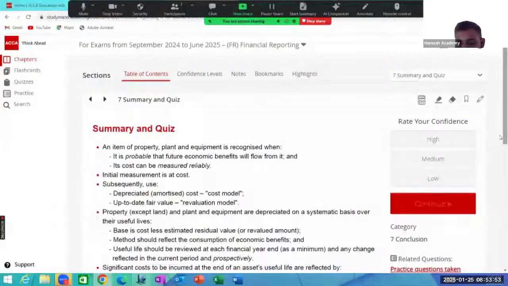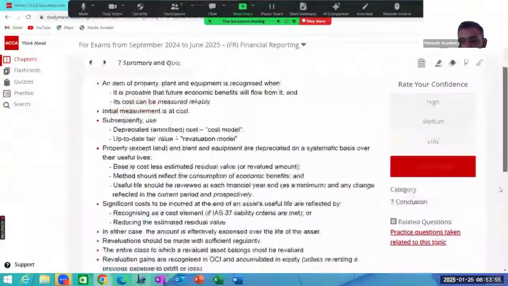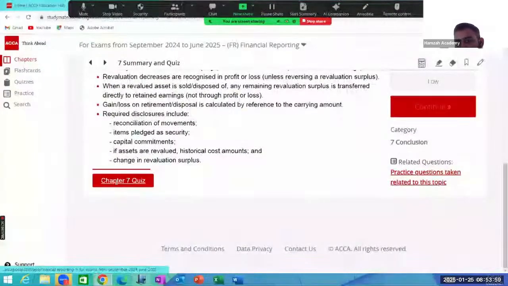Now, before we discuss the other aspects of the revaluation model, let's have a quiz.